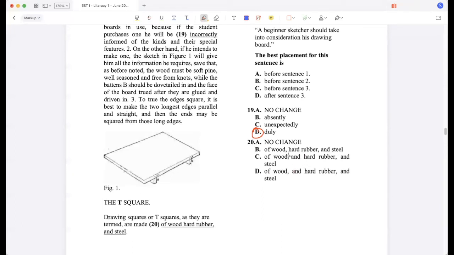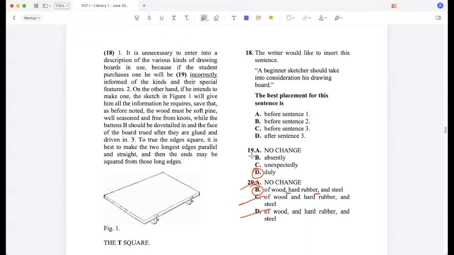So I need commas, right? Because I'm talking about items. So not C, not T, and not A. Okay. The writer wants to, a beginner sketcher should take into consideration his drawing board. Okay. Beginner sketcher.